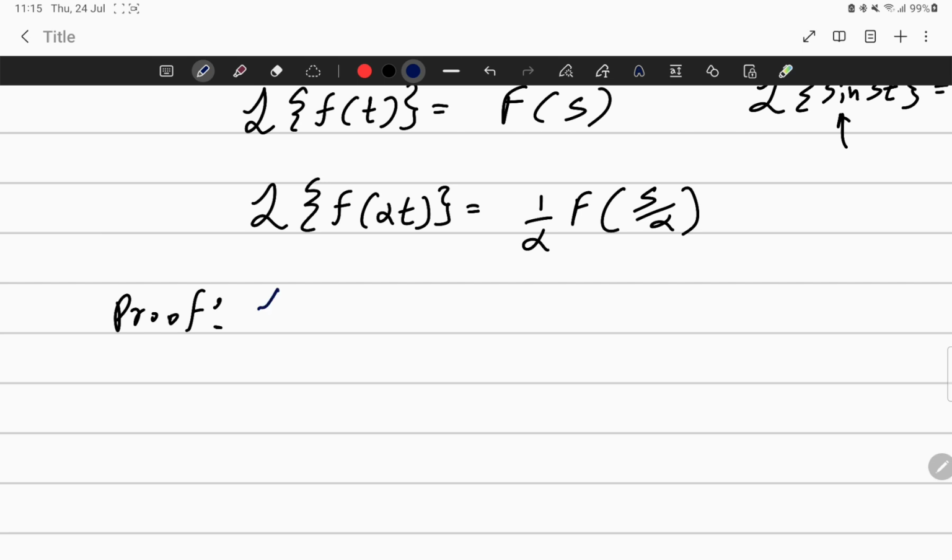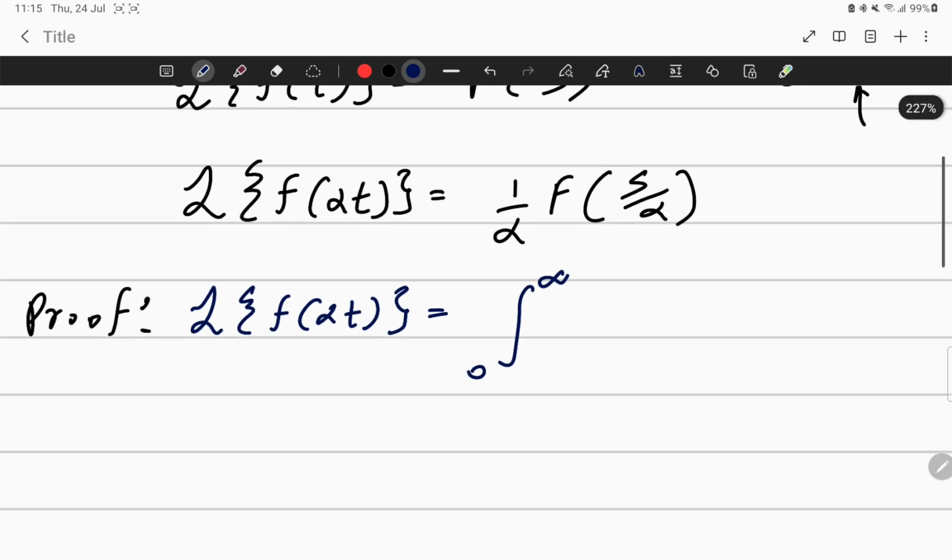So let's consider the Laplace transformation of f(αt). From the definition it is the integral from 0 to infinity of f(αt) times e to the minus st dt. This is the definition.